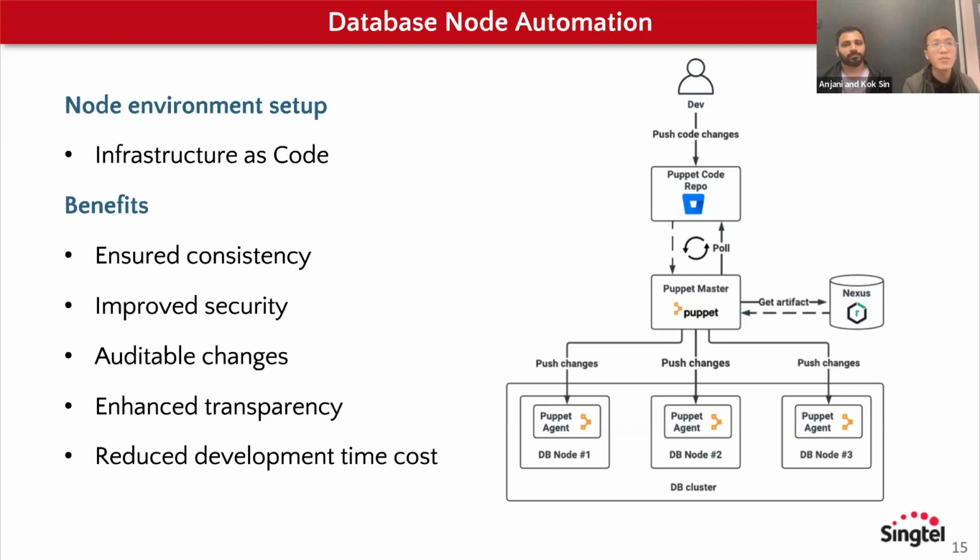We have also improved security because there is less human intervention and reduced human error. And since all the code is committed to a code repository, all of the changes are tracked. We have better version control and also transparency. And last but not least, by going with this approach, we heavily reduce the development time cost.